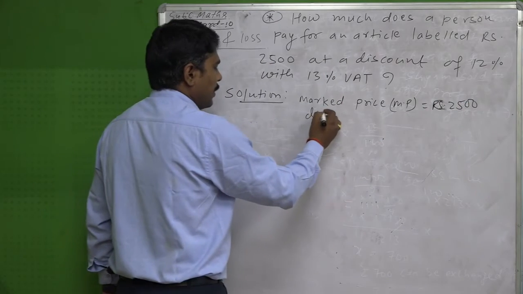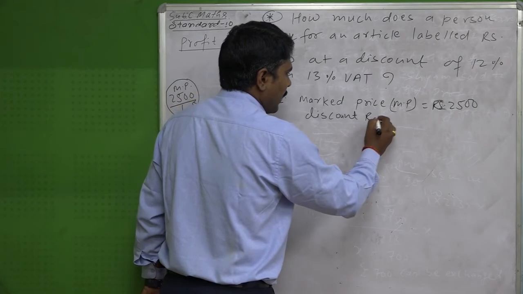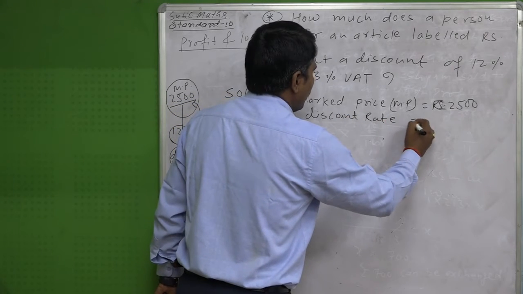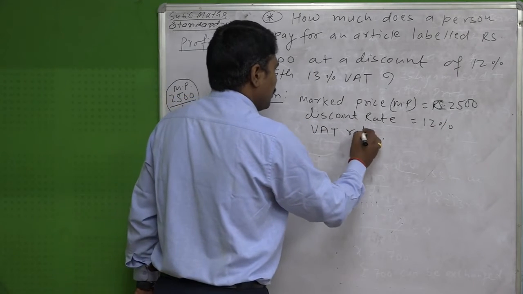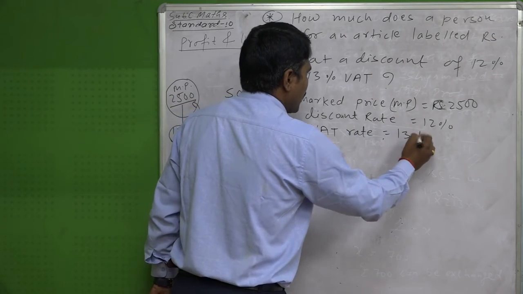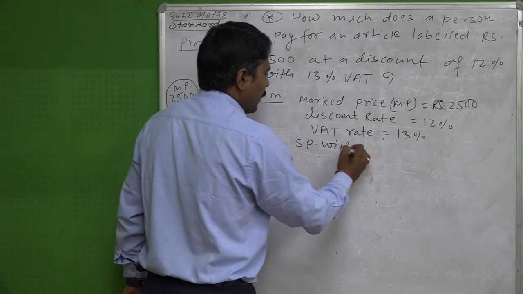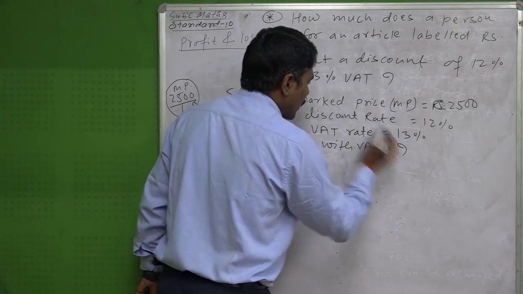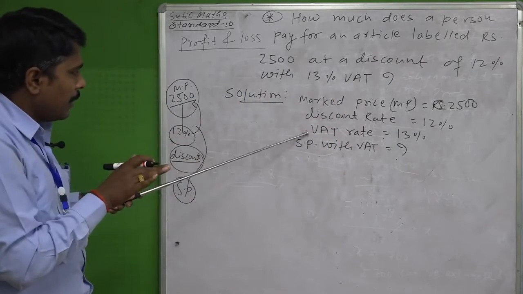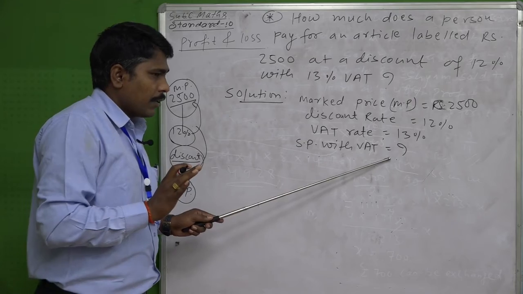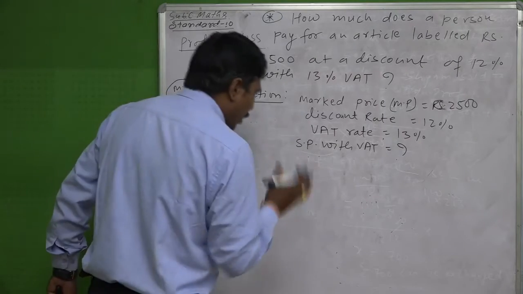The discount rate is given, 12%, and the VAT rate is given, 13%, and we have to find the SP with VAT. Read the question, see what is given and what you have to find. If you find this, then you can solve the question easily.